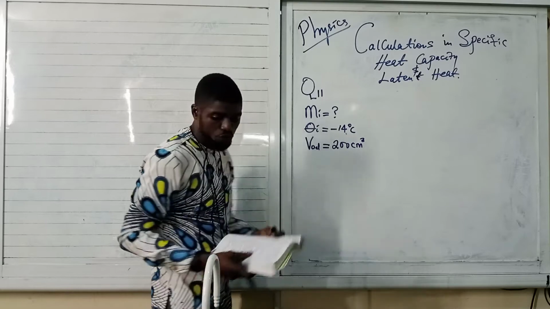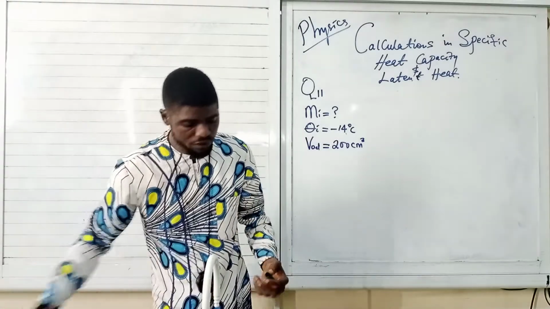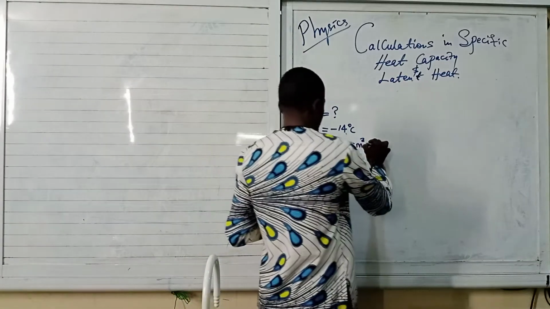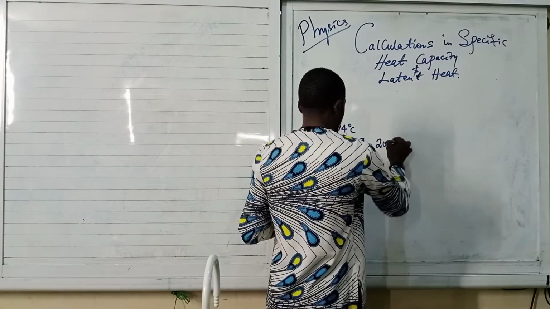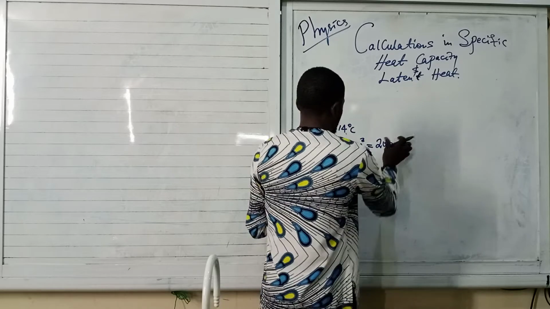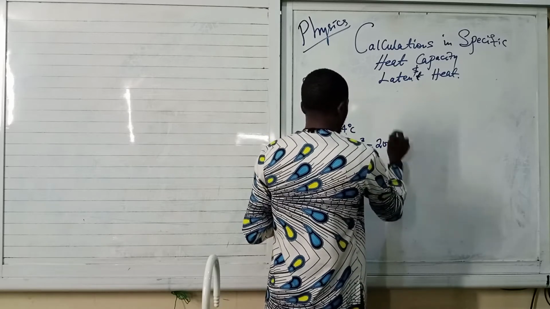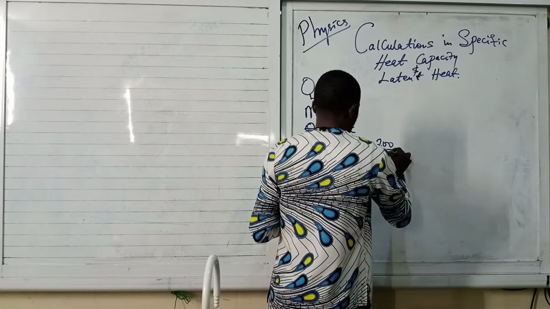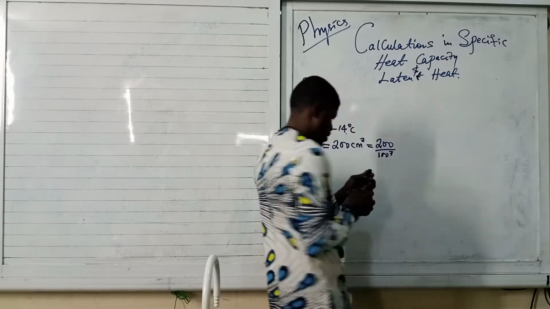So what are we going to do? We are going to divide 200 by 100 raised to the power of 3.